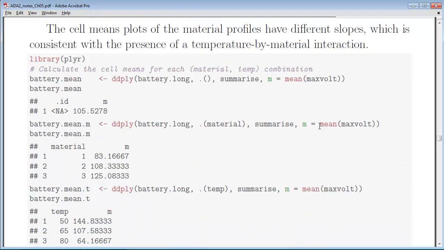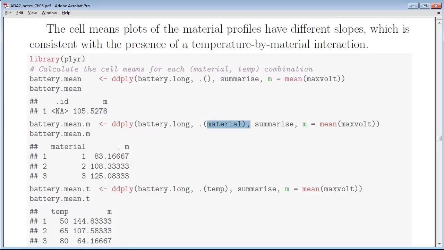And first thing we can do is generate some marginal means. So we've got the grand mean. We're going to use the plyr package with ddply and take the battery.long data set, subset it by different conditions, and then calculate the mean. So first, we're going to average everything. So the grand mean is 105.